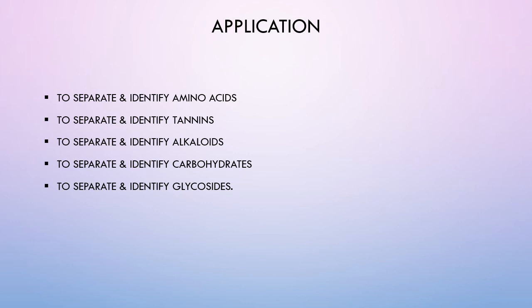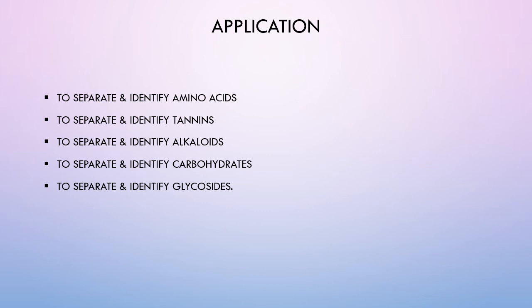Then here are some points of the application of chromatography: to separate and identify amino acids, and to separate and identify tannins. Tannins are water soluble phenol derivatives, naturally synthesized and accumulated by higher plants as secondary metabolic products. Tannins are polyphenols which have a great molecular weight, and the chemical structure of tannins determines their biological activity.